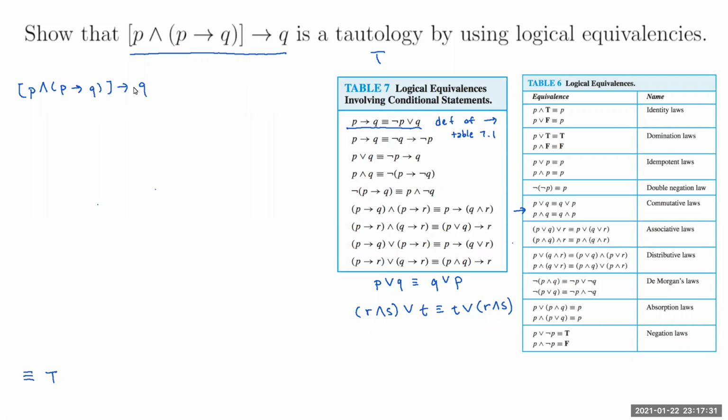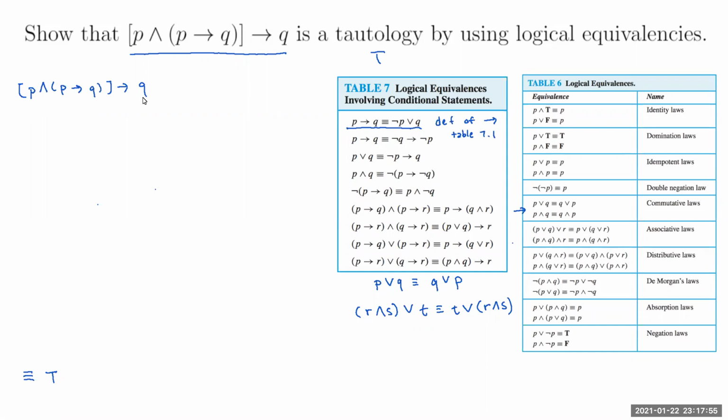It's because if we look at table 6 here, none of these logical equivalencies have any implications in them. So it's impossible to use any of these rules in table 6 without getting rid of the implication. So generally speaking, step 1 is to remove the implications, and that's what we're going to do here.